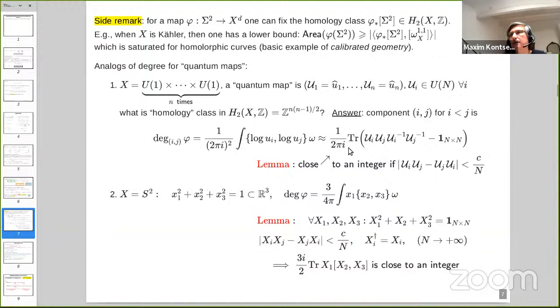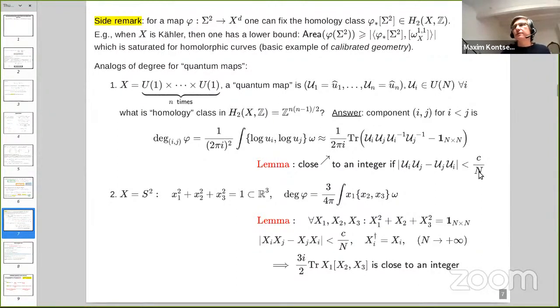And then the claim is that this trace is really close to an integer if your operators are sufficiently close to commuting, if the operator norm of the commutator is less than a constant over n.